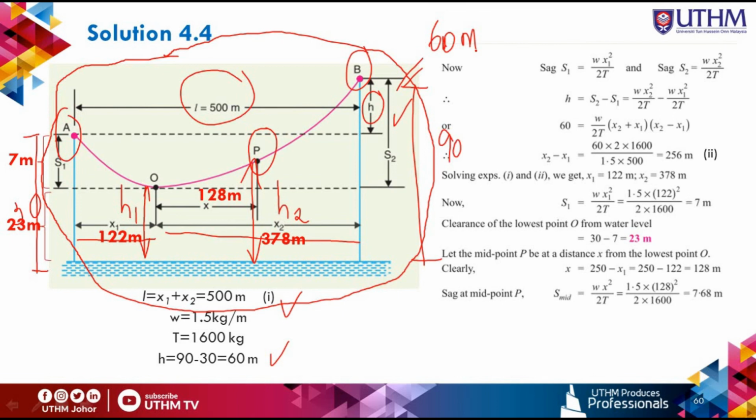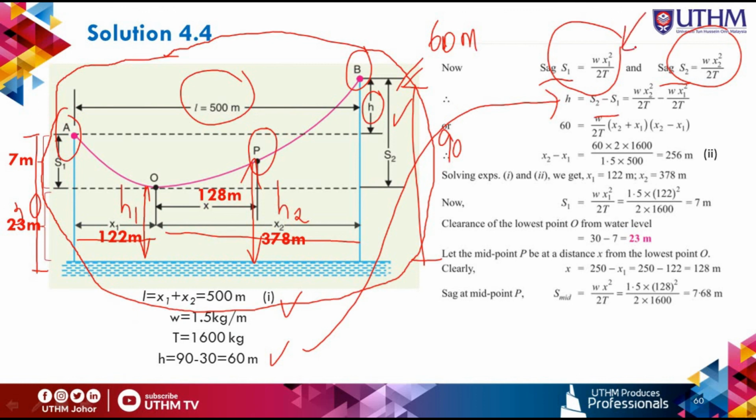Now you have to calculate S1 and S2. As this is the case where the towers are not at equal levels, we have to use this equation. From here, we know that H is equivalent to S2 minus S1, so we just add this formula into this equation.